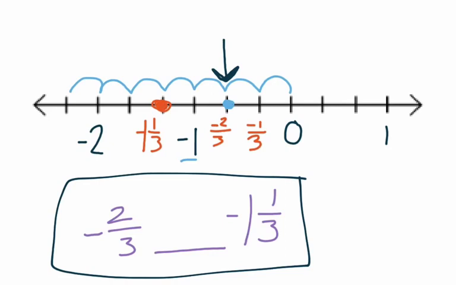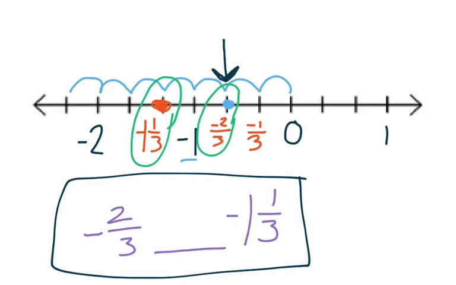Okay, so looking at our 2 dots that we have on this graph here, I notice that -1 1/3 is to the left of -2/3. And our saying from kind of our last video was that left is less, right is more.